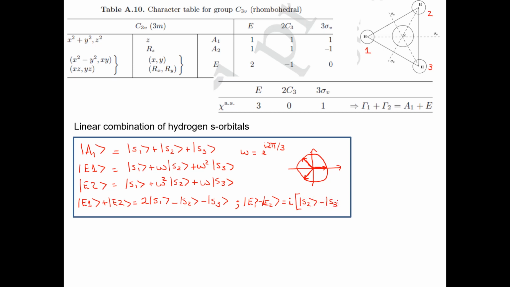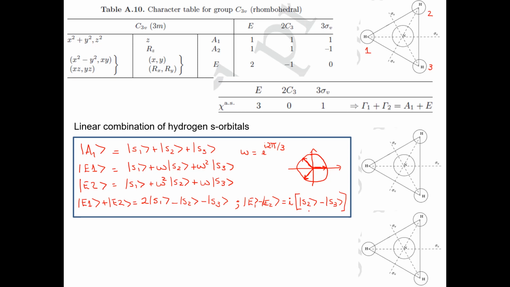So this is interesting when I make this linear combination in terms of real numbers. I forget about this i as a constant that I can ignore, so I can visualize these wave functions in the following way.